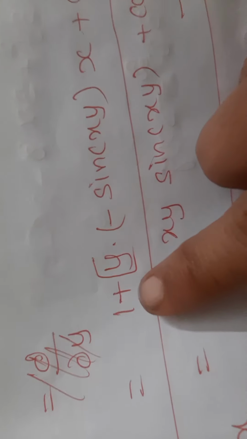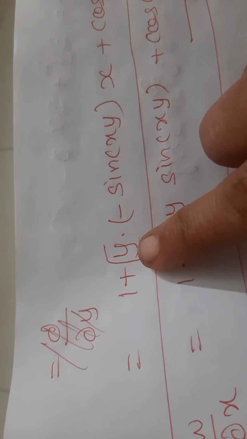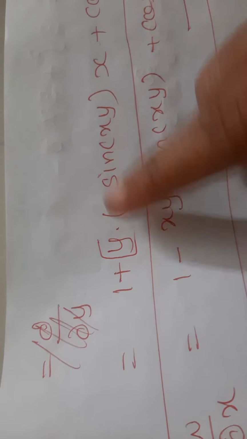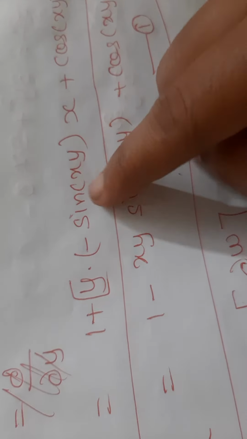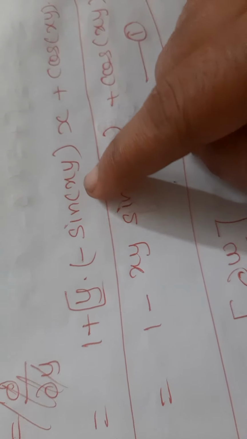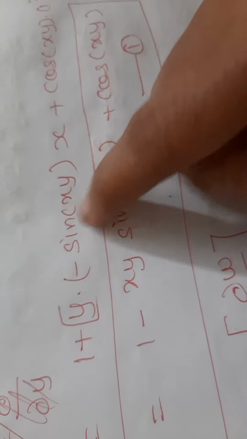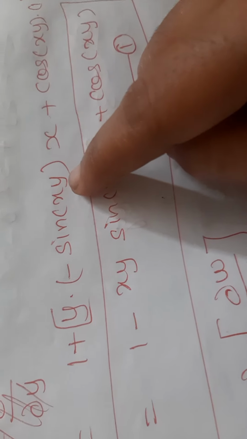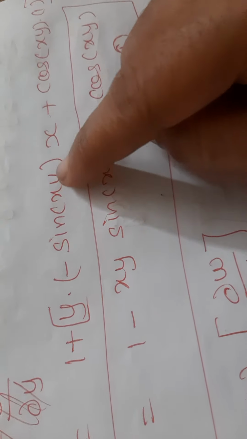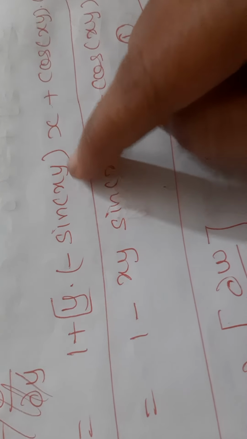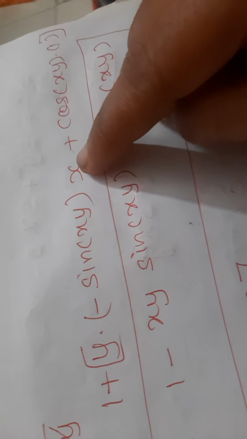So here, 1 plus first term y I am keeping as it is. Second term is cos xy. So the differentiation of cos xy is minus sin xy. So that inner term xy must be differentiated partially with respect to y. If I am differentiating xy partially with respect to y, then I will get only x, because x must be treated as constant.